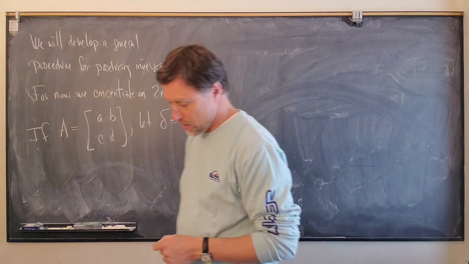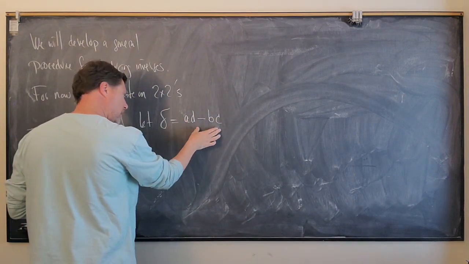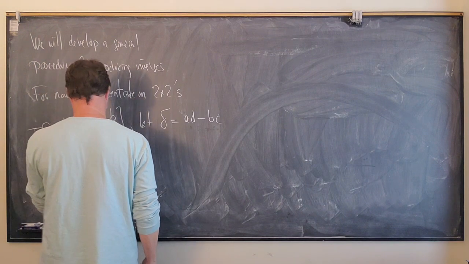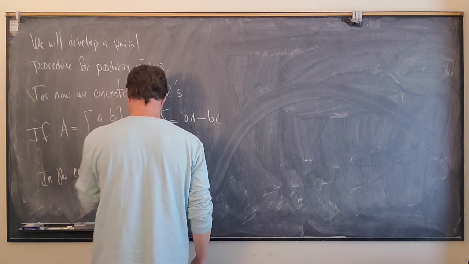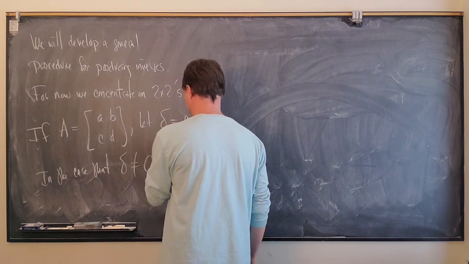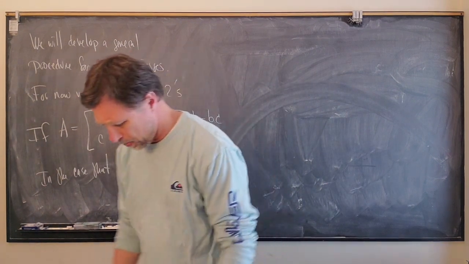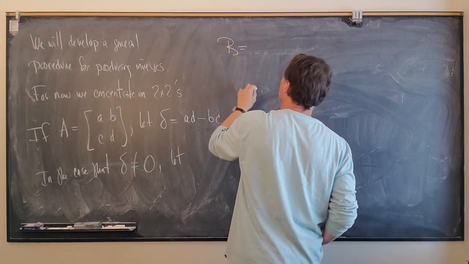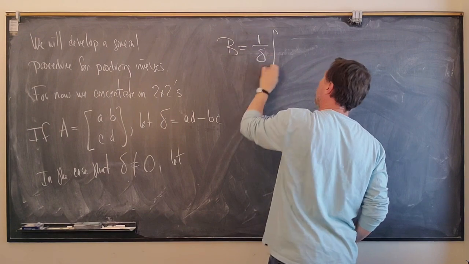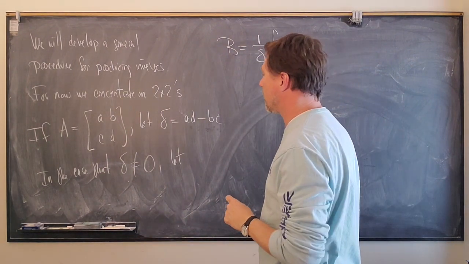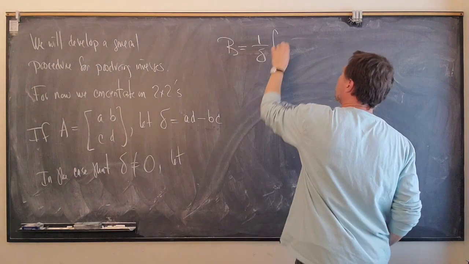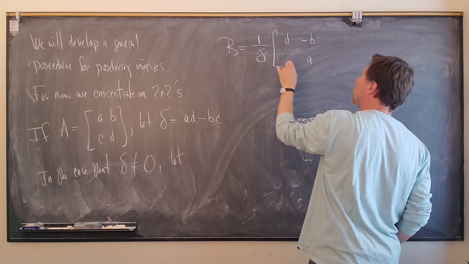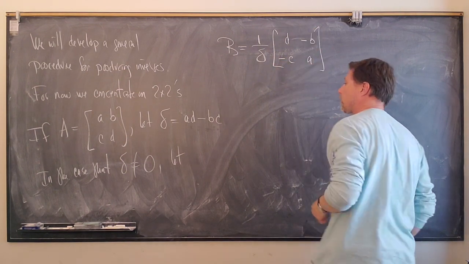Okay. Now, in the case, so delta could be 0, it could be non-zero. In the case that delta is not equal to 0, let's let capital B be the matrix 1 over delta times, D goes here, A goes here, and then I want to negate the B and the C. So what did I do?